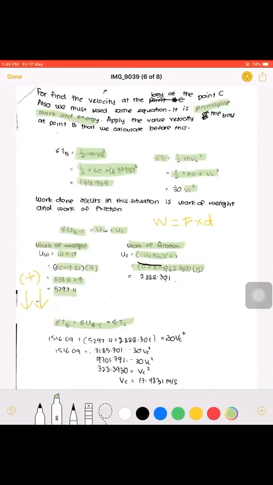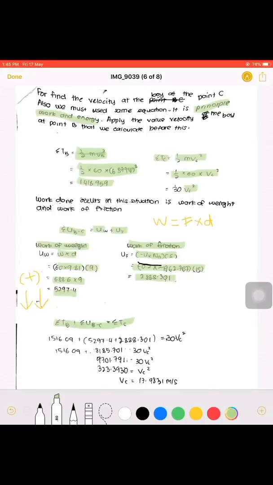We got this value from Google research: the water slide material, plastic, has a coefficient of friction of 0.2. Then we times the normal force at point B, then times 15, which is the displacement the buoy travels from B to C.